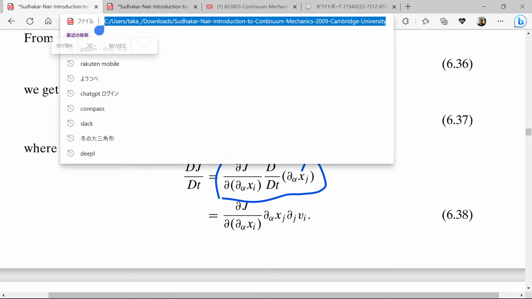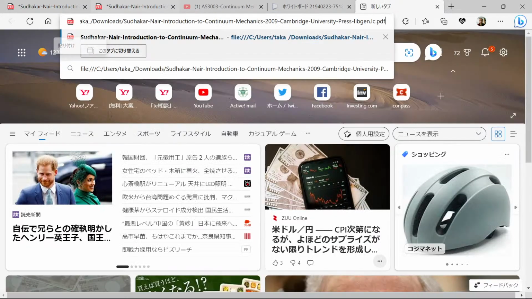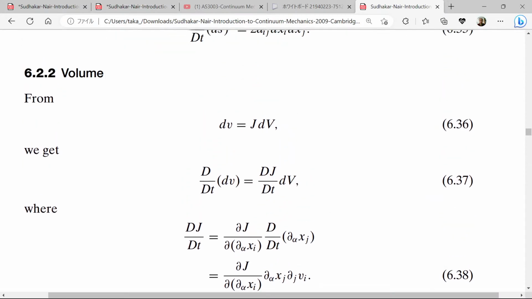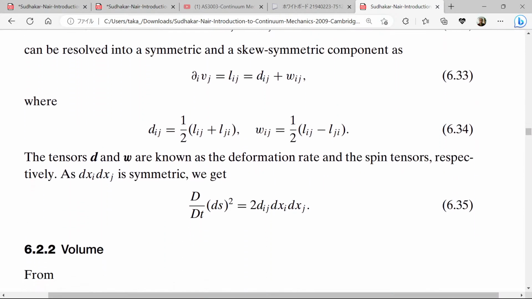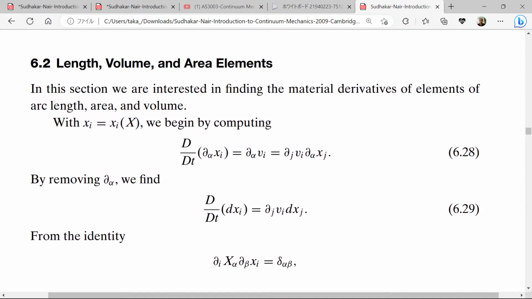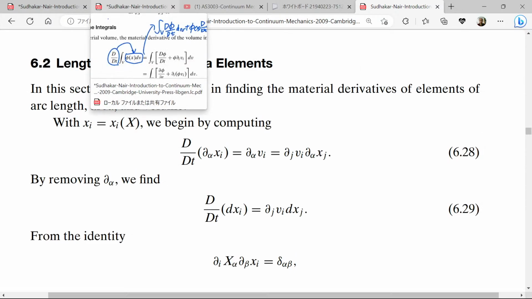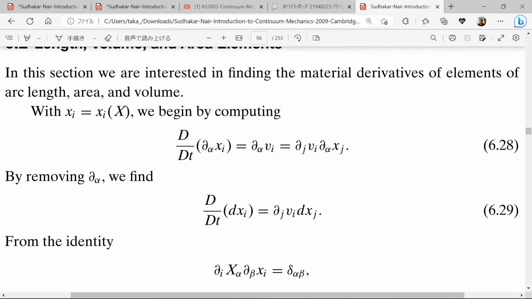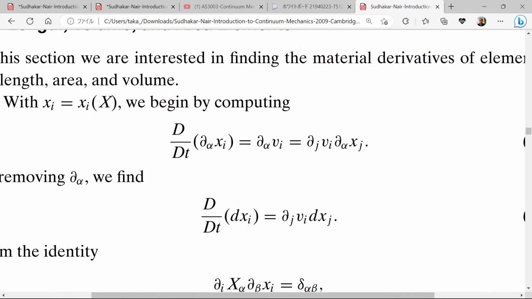Let me see. Let me go to another page. I forgot the technique to do this. There was some. I think we have to do some complicated thing. This one.